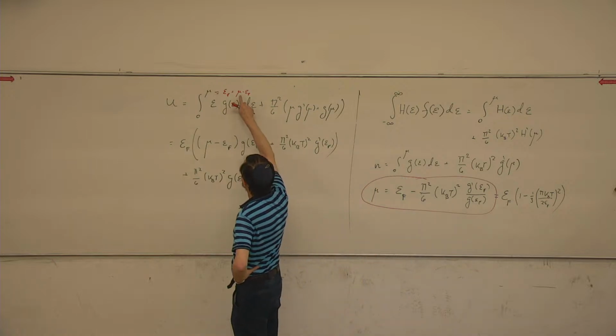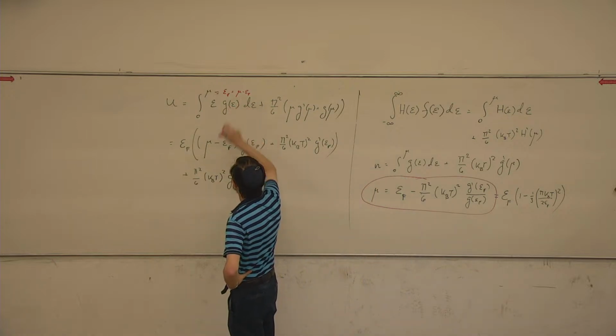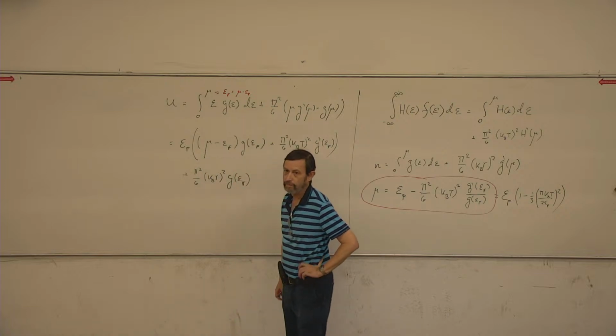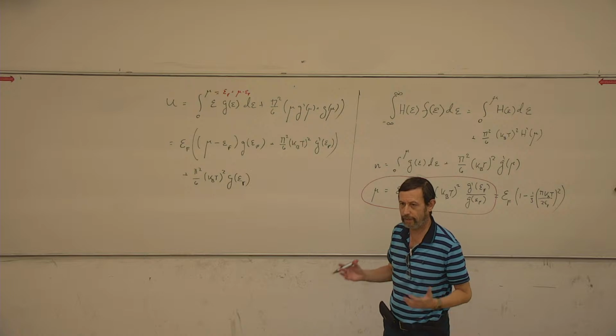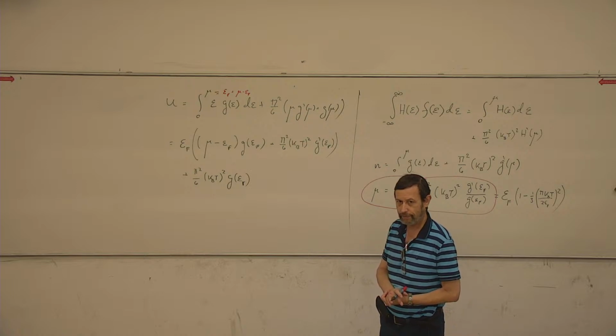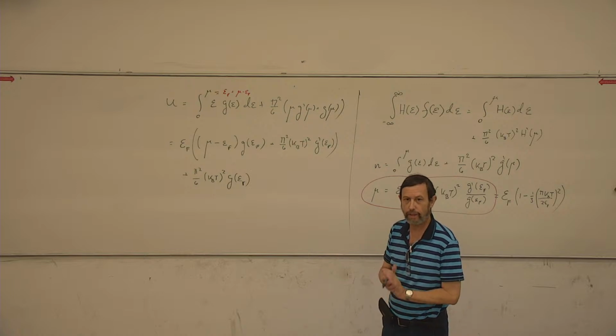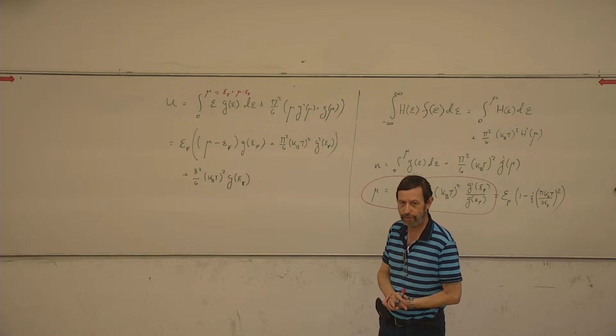Now we look at the second term. Is there a big change between mu and EF? No. So what can I do with the integral at that point?